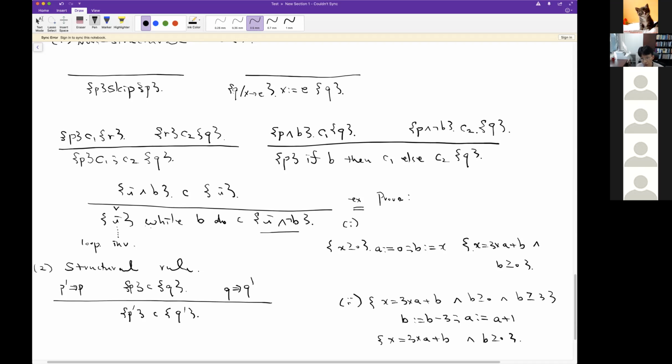So prove both of these triples using the proof rules that you see on the screen. I will give you 4 minutes to do so.